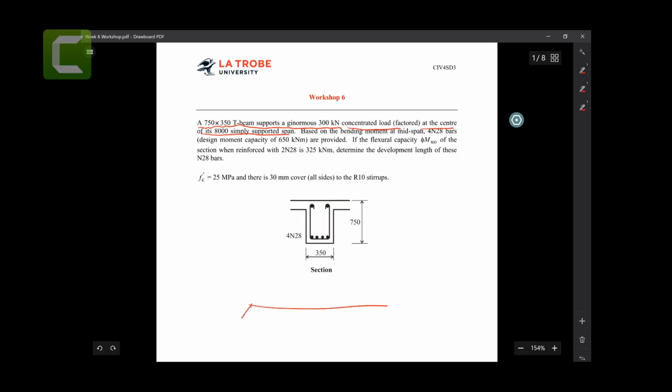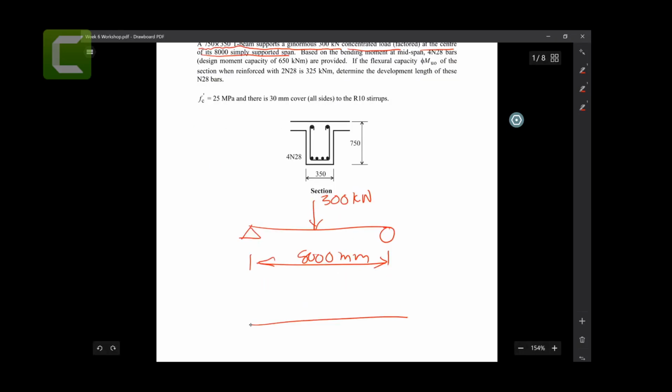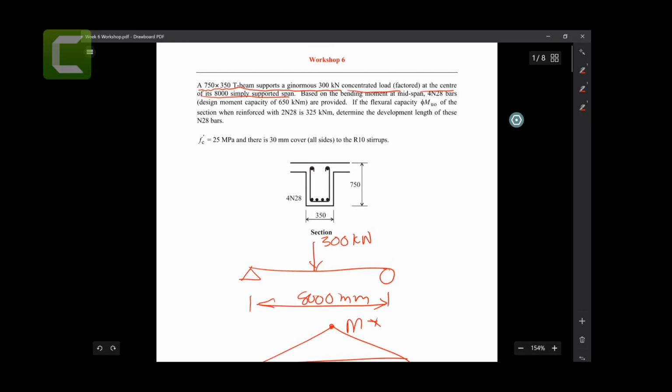Basically it says that if you have a simply supported beam and you put this 300 kilonewton concentrated load, the distance between the supports is 8 meters, or 8,000 millimeters. Based on bending moment at midspan, you can calculate M star here. Based on the midspan, 4-N28 bars, design moment capacity are provided.